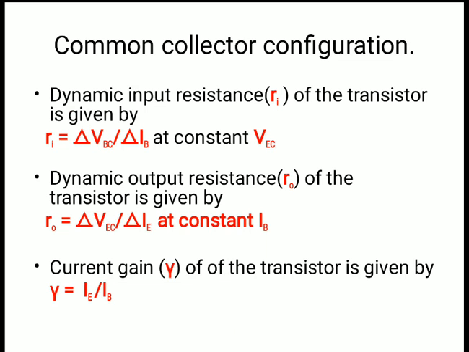And current gain is nothing but gamma here. For common base it is alpha, for common emitter it is beta, and for common collector it is gamma. Again, it is output current upon input current.